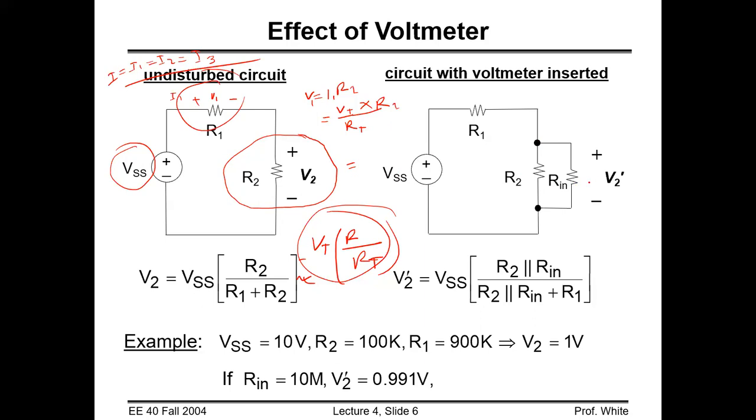So suppose V2 resistance, V2 means this point is parallel.